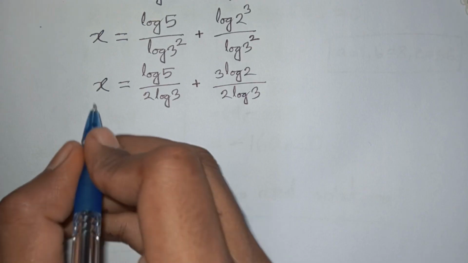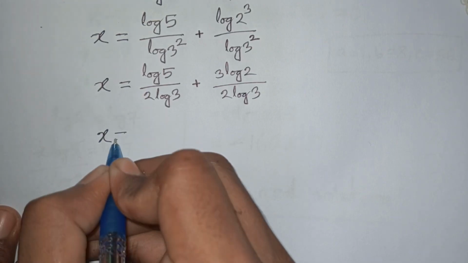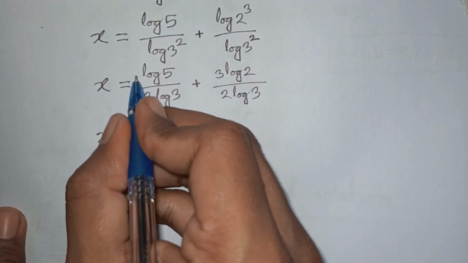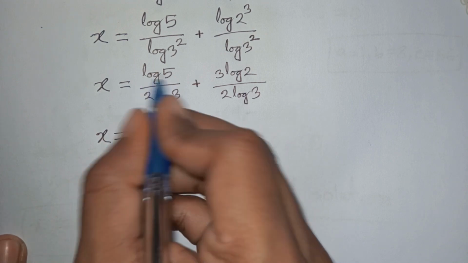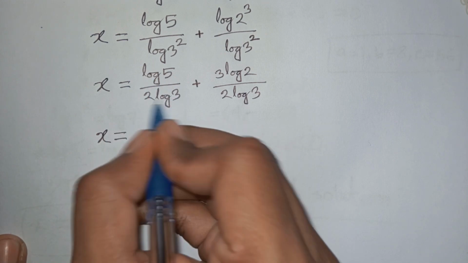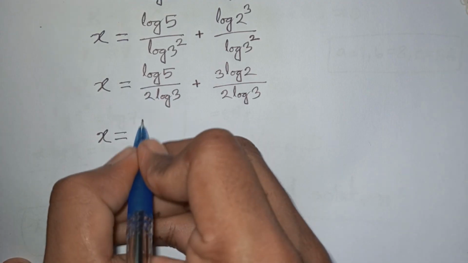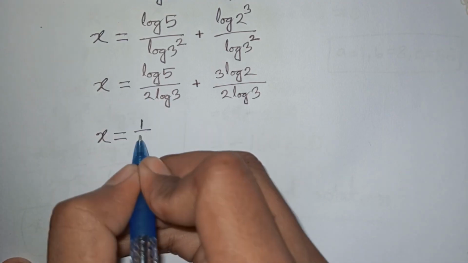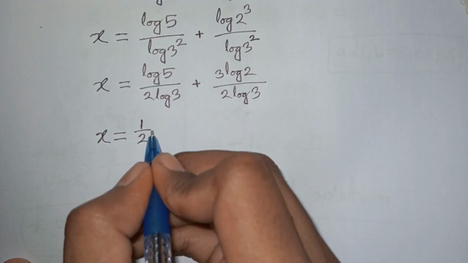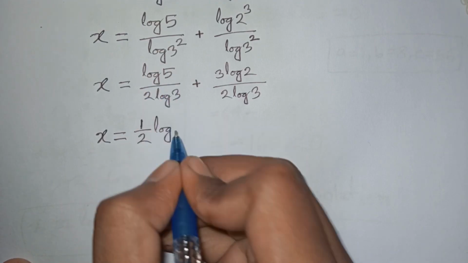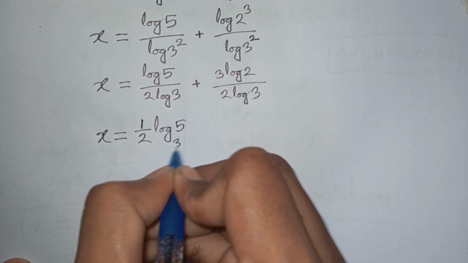In the next step, x will be equal to log 5 divided by 2 log 3, so it can be written as 1 over 2, then log 5 over log 3 is the same as log 5 base 3.